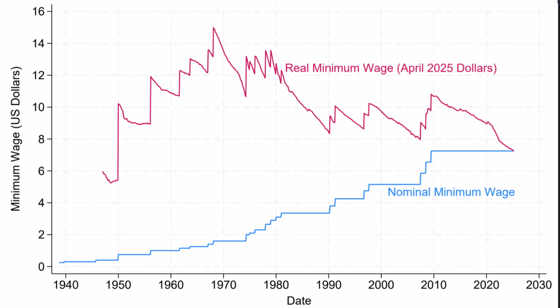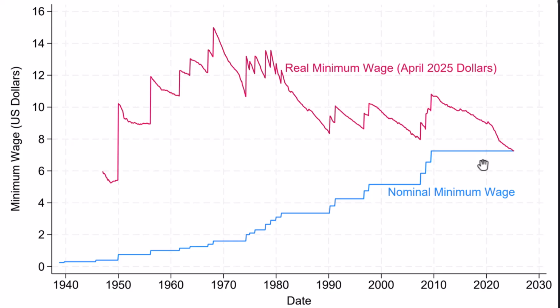The blue stair-step shape shows the nominal minimum wage, the minimum wage as set by the government. You can see that it starts all the way down here at 25 cents and it's up to $7.25 today. And then the red line shows us the real minimum wage as calculated by the CPI.